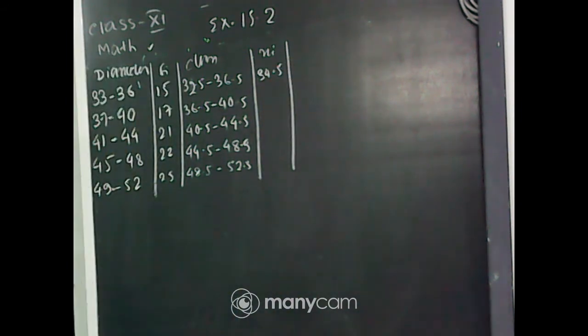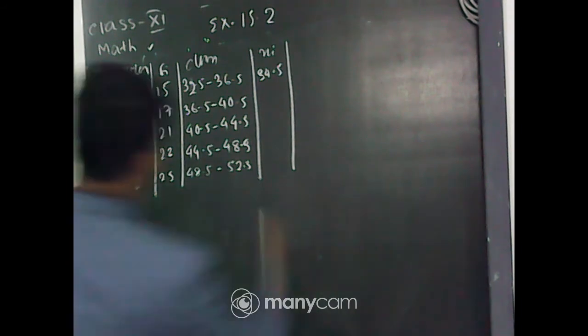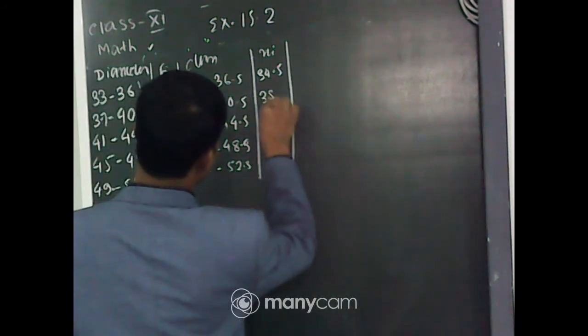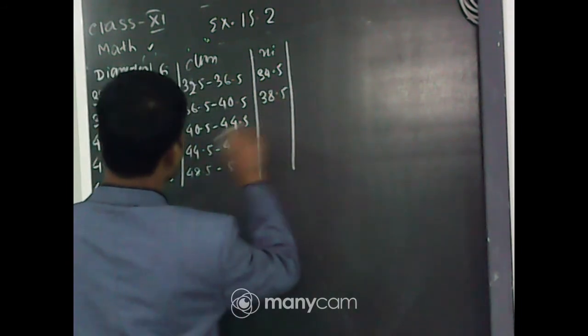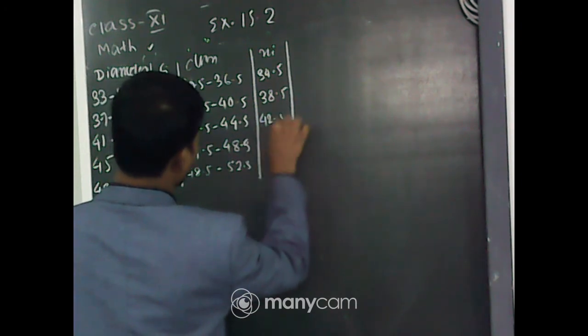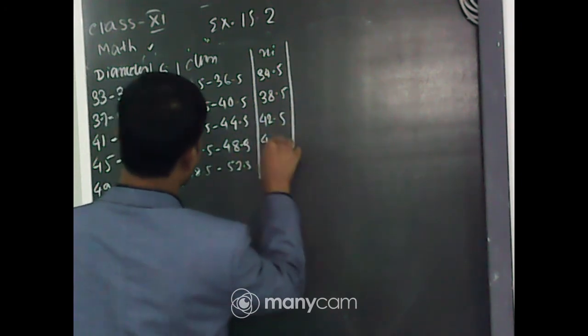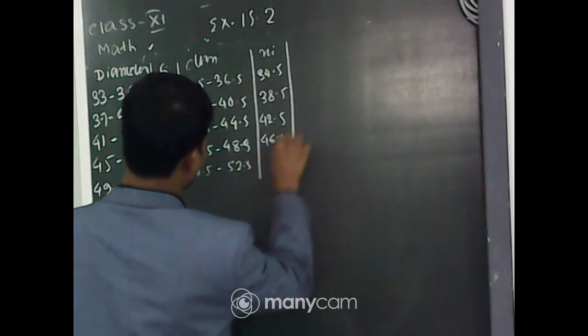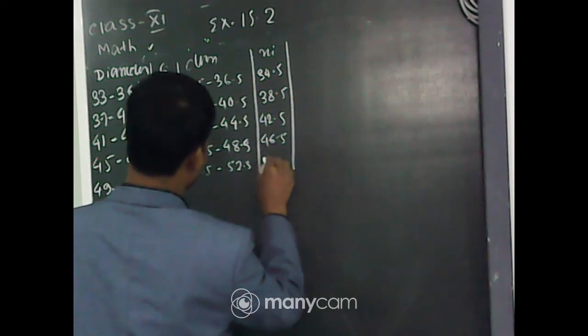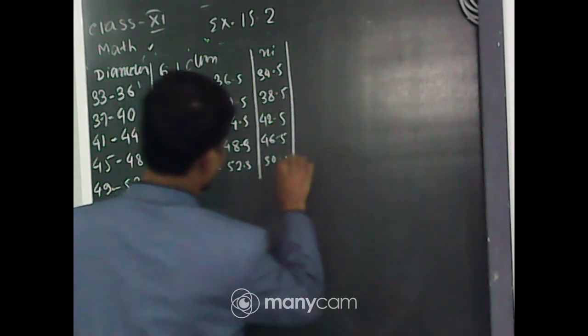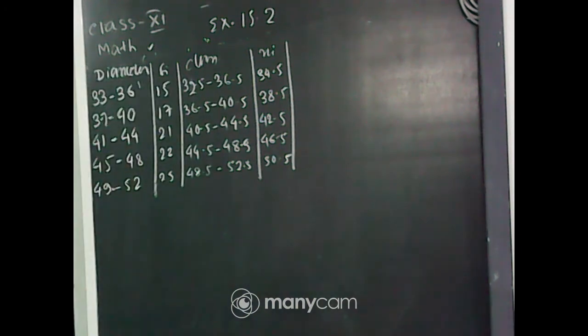Next 36.5 to 40.5, then the class mark will be 38.5. Then 42.5, then 46.5, and now 50.5. These are the class marks of the corresponding intervals.